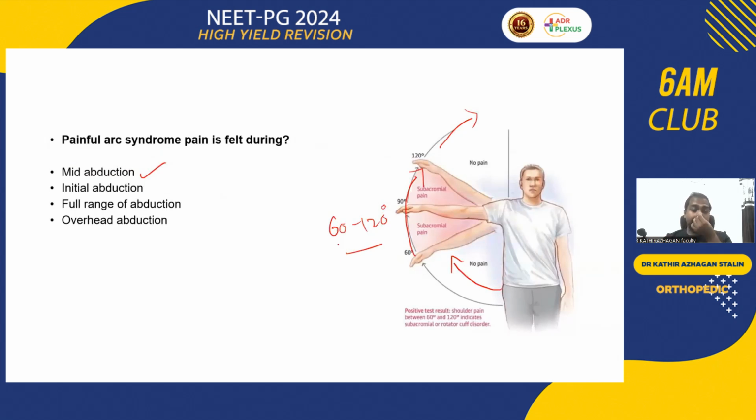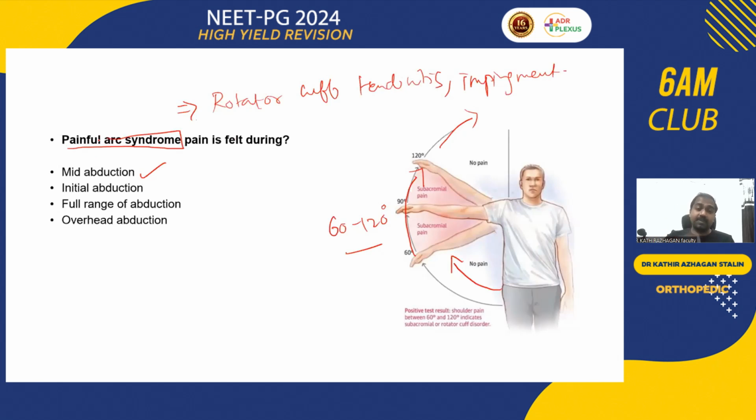And I'm telling you, if they are expecting the answer rotator cuff tear, they will give rotator cuff tendinitis or impingement. Without mentioning painful arc syndrome, they will just say mid-abduction pain is felt, especially when the person is bringing their arm down.